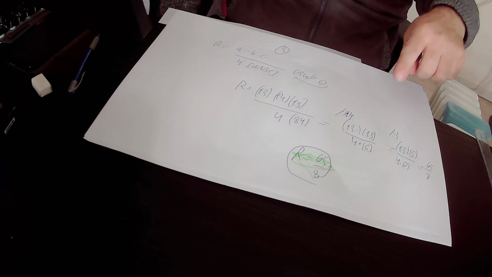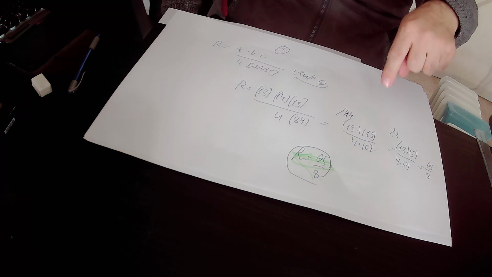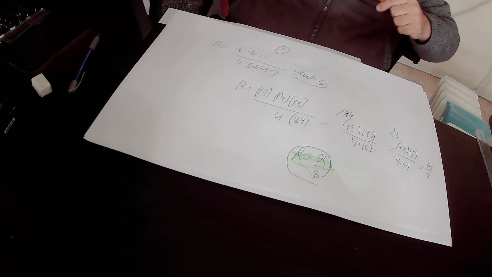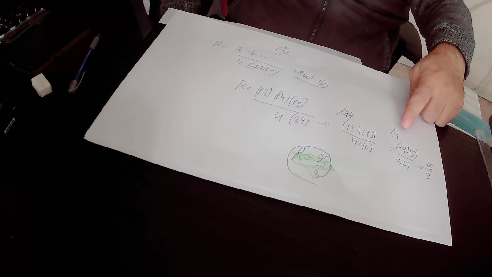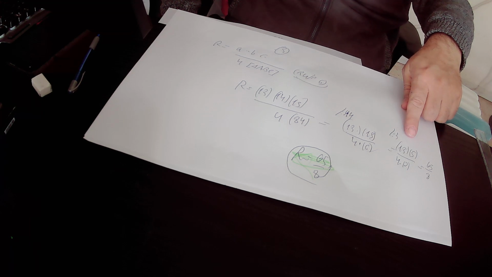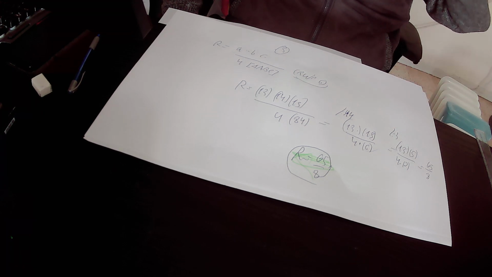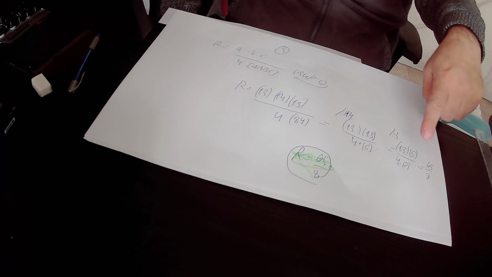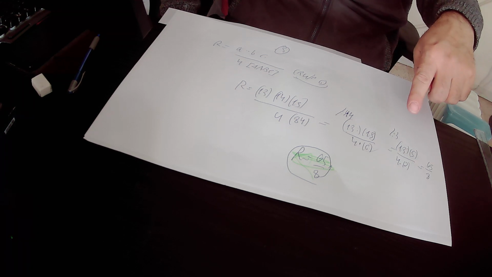In the next step, we divided both the numerator and the denominator of this expression by 3. So we have 13 times 15 over 3 is 5. So in total in the numerator we are left only with 13 times 5 over 4 times 6 over 3 is 2. So in total in the denominator we are left only with 4 times 2.